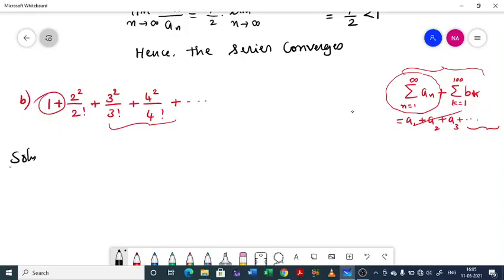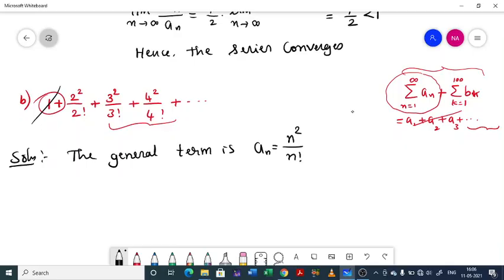The general term is a_n equal to, see, you can neglect this one, no problem. 2^2, 3^2, 4^2, 5^2, 6^2, it is n^2 divided by 2 factorial, 3 factorial, 4 factorial, 5 factorial and so on, n factorial.